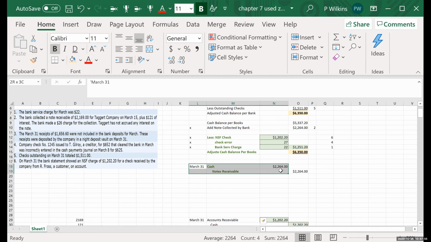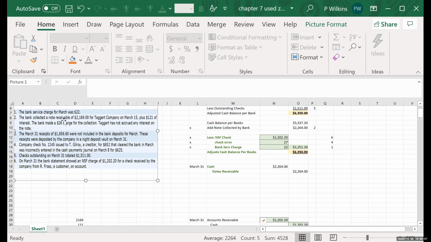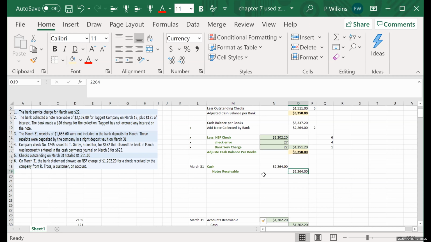So you remember this note here? Well, that would have been an accounting error, because if we go over and we look at number 2, it says, the bank collected a notes receivable for $21.69 for Taggart Company on March 15th, plus $121 of interest. The bank made a $26 charge for the collection. So by crediting notes receivable $22.64, we're actually doing that wrong.